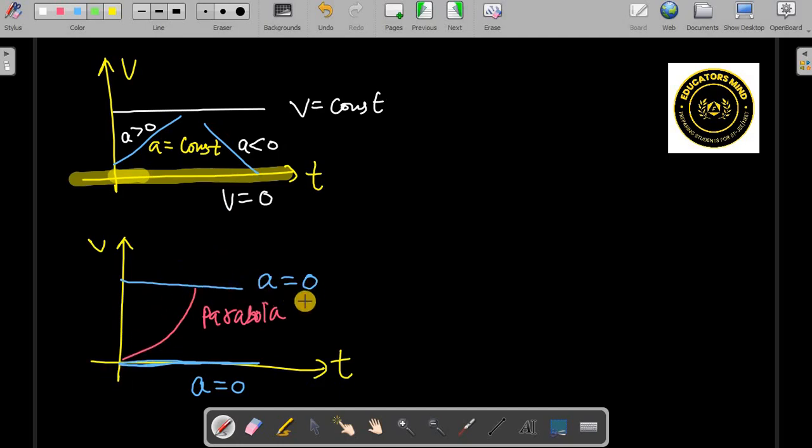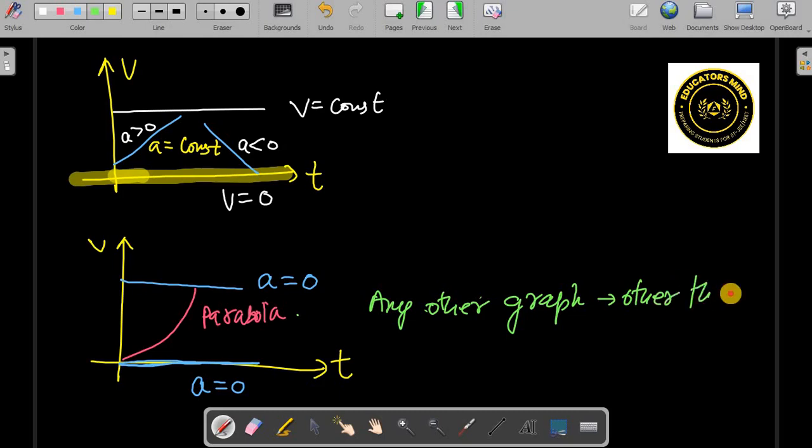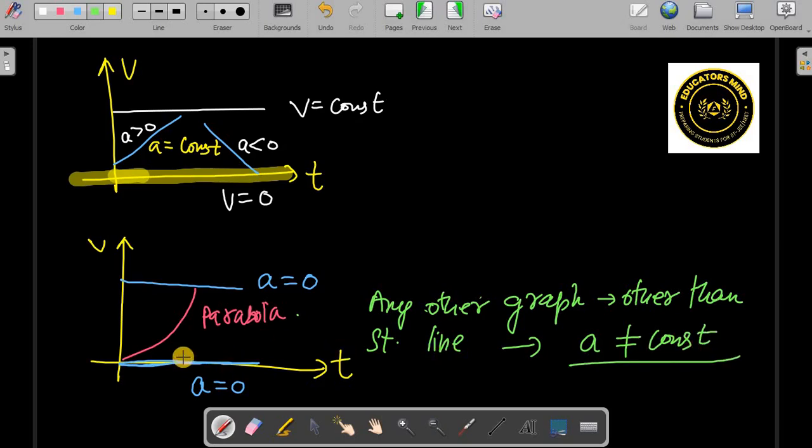But this is a parabola or any other graph, any graph other than a straight line represents acceleration not constant, because acceleration is the slope of the graph.